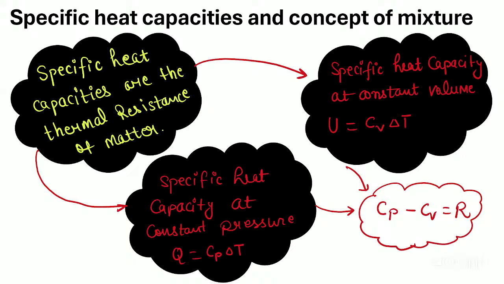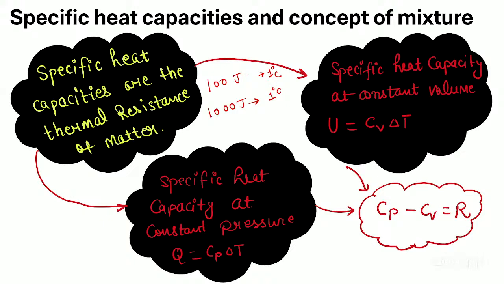Now, specifically what we should learn here is that specific heat is nothing but the thermal resistance of a metal. Suppose a particle requires 100 joules of energy to raise the temperature by 1 degree Celsius, and another particle requires 1000 joules of heat to raise the temperature by 1 degree Celsius.